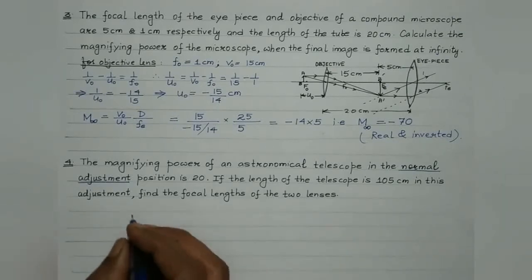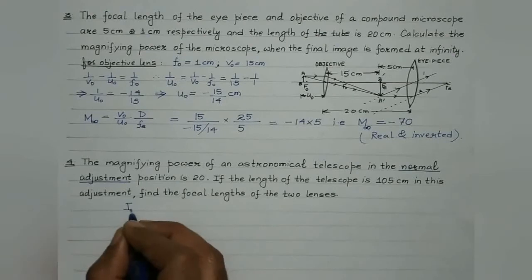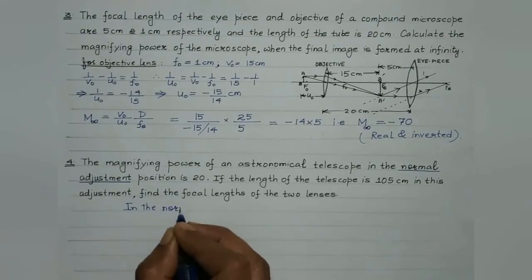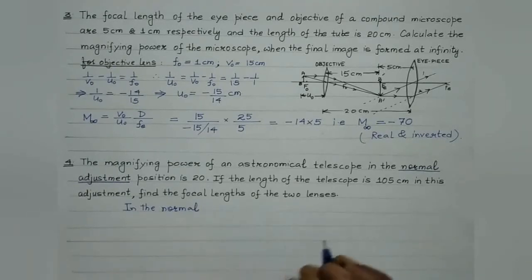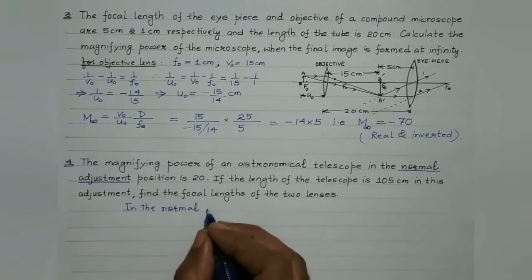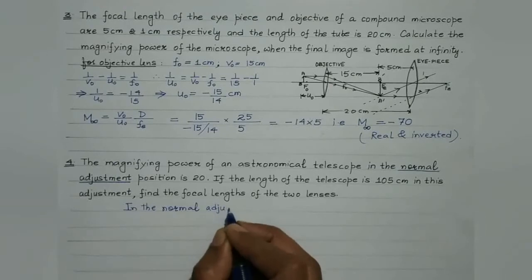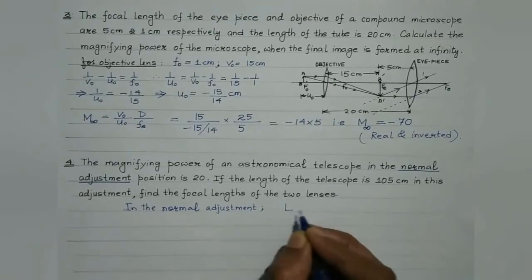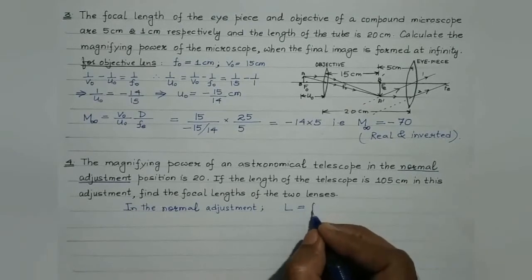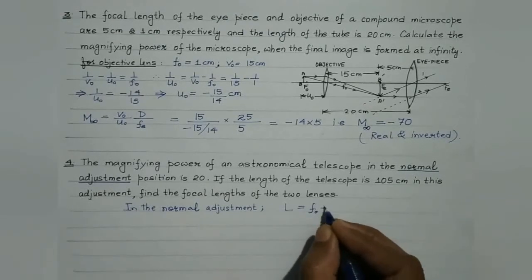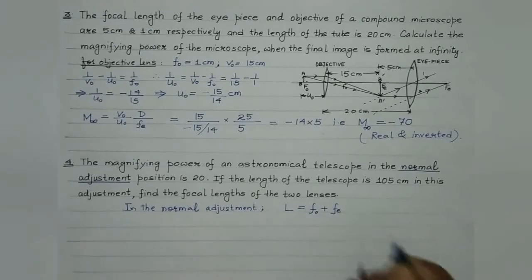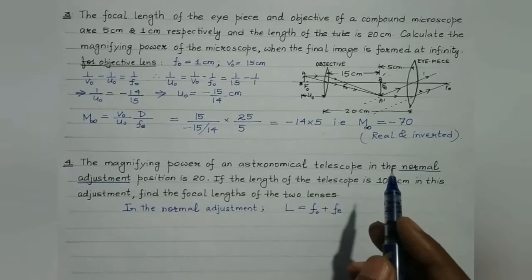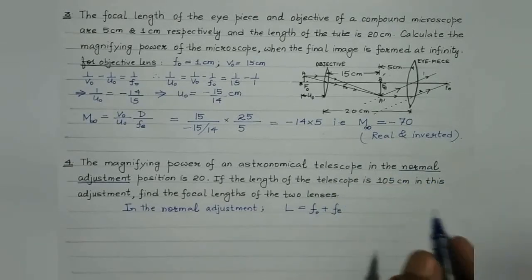So here we are aware that in the normal adjustment of a telescope, the final image is formed at infinity. We are aware that the length of the tube is given by the sum of the focal length of the objective and the eyepiece. Actually, in the normal adjustment of a telescope, the focus of the objective and the eyepiece coincides.